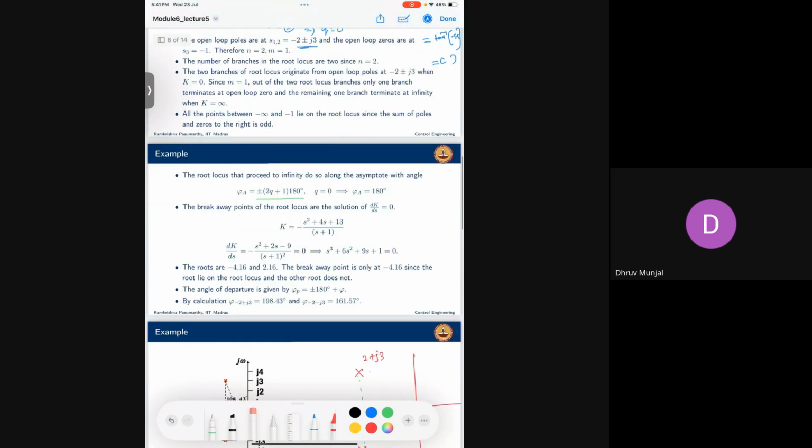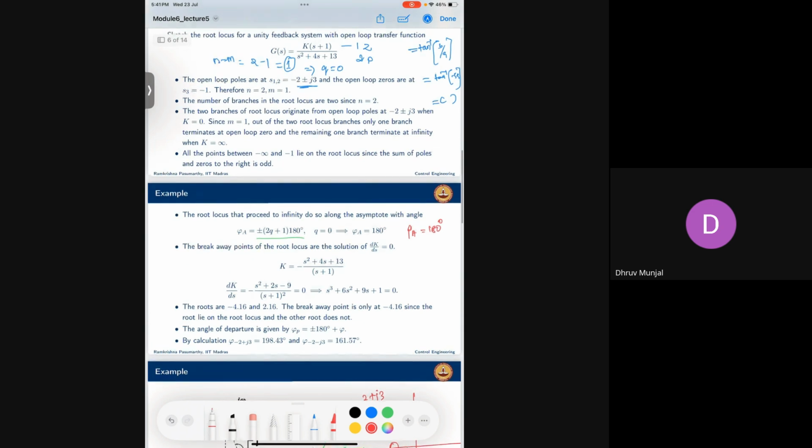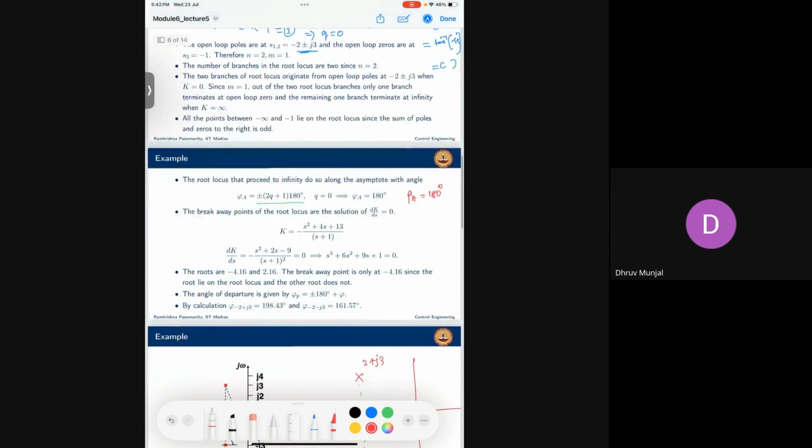So just put q equal to 0, it will be 180 degree. So your angle of asymptotes will be 180 degree. At 180 degree, one root locus will go to this zero, another root locus will go to infinity. So this is your angle to travel to infinity.